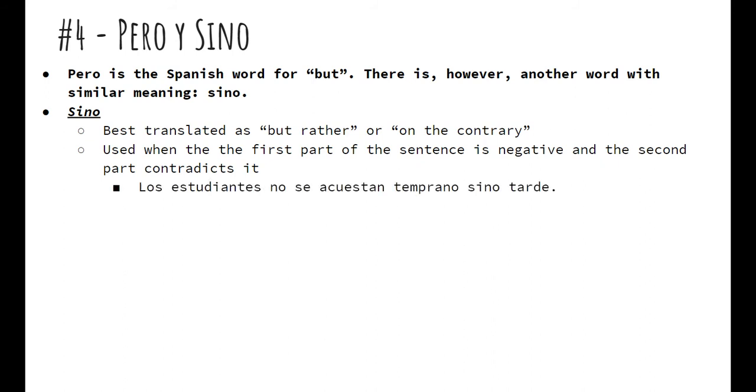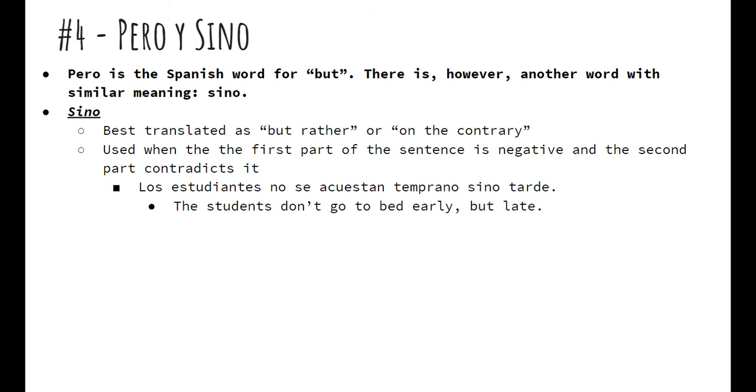So, los estudiantes no se acuestan temprano, sino tarde. The students don't go to bed early, but late. And so there we have this first part, the students don't go to bed early, is negative. And the second part, after the sino, is contradicting. They don't go to bed early, but rather, or on the contrary, late.